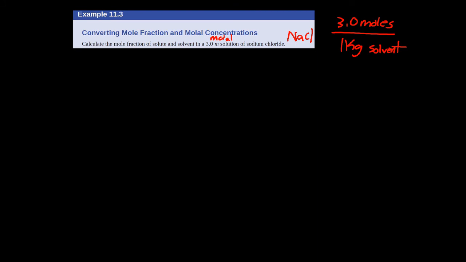It's made up of the number of moles of the thing that I'm interested in, which is the sodium chloride in this case, divided by the total number of moles. So I'm not trying to find the mole fraction really, I'm trying to find these other 2 things, and that will allow me to find the mole fraction.